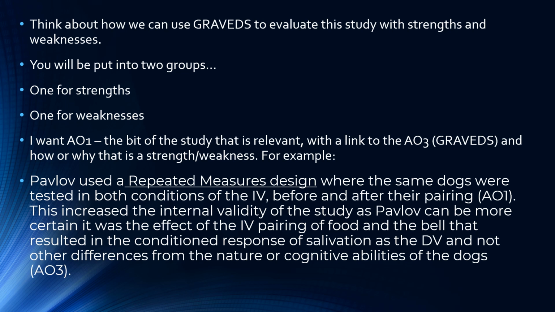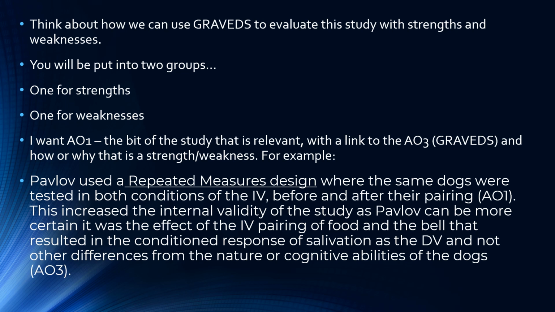Don't sit there and try and do 4 strengths and 4 weaknesses all by yourself. Work with other people, allocate 1 each, bring them all together and share them between you, all right. So that's what I want you to do for the remainder of the lesson.